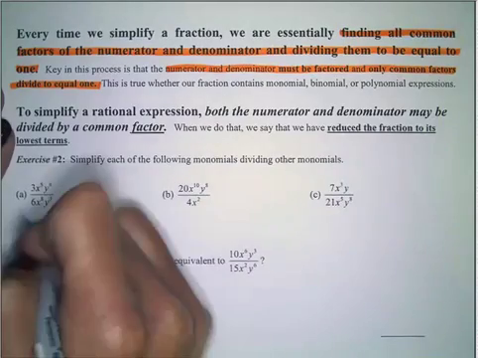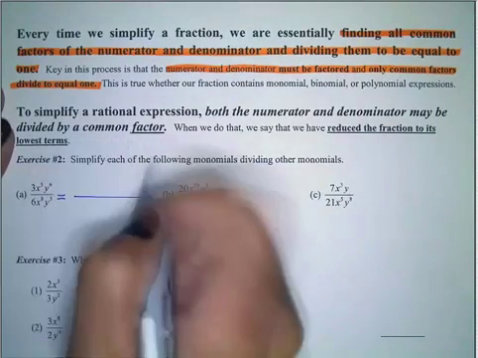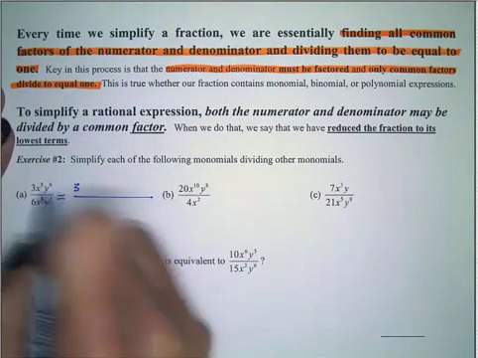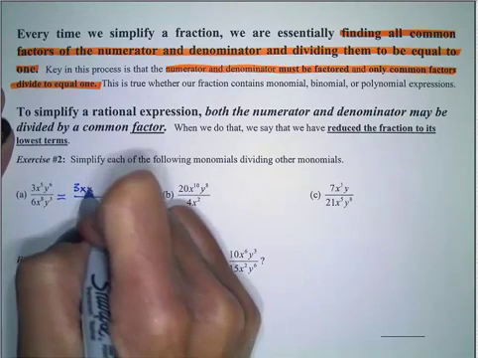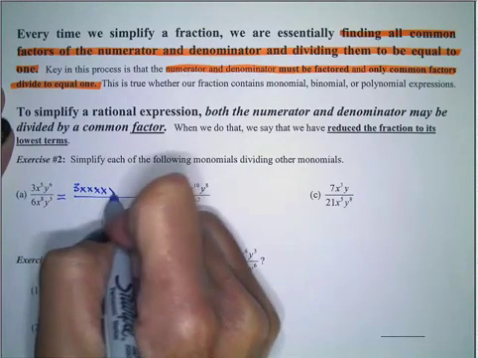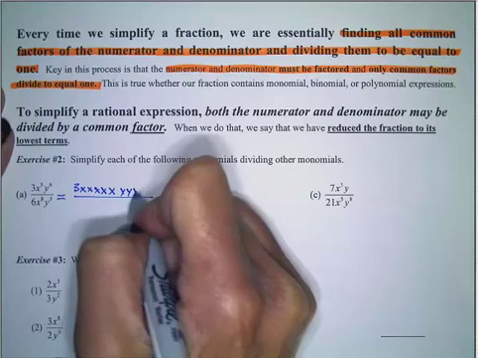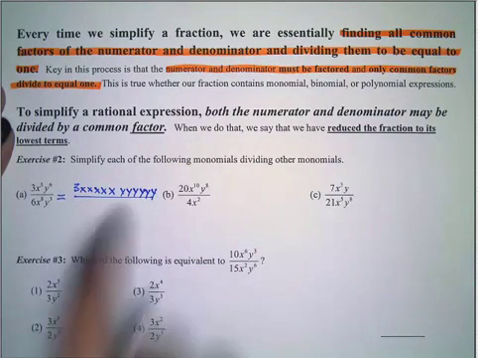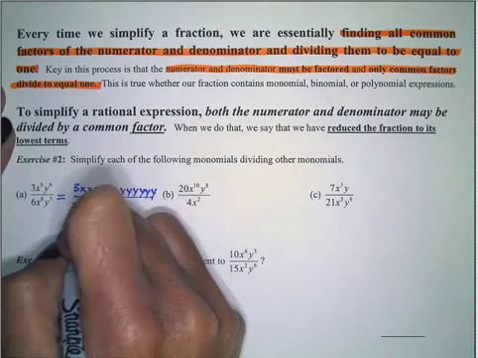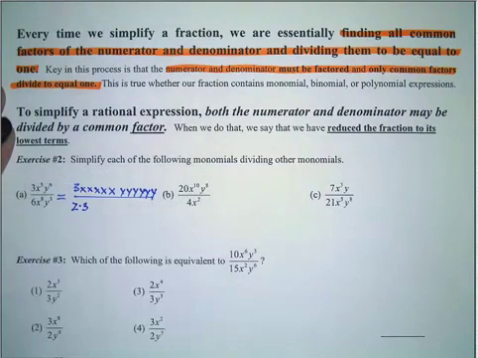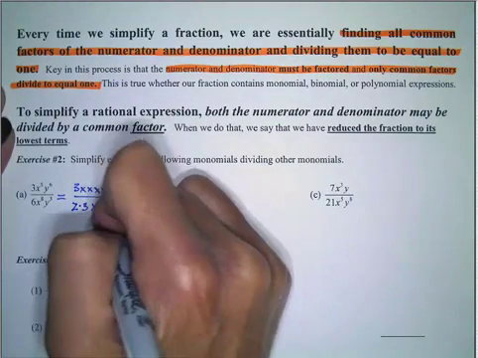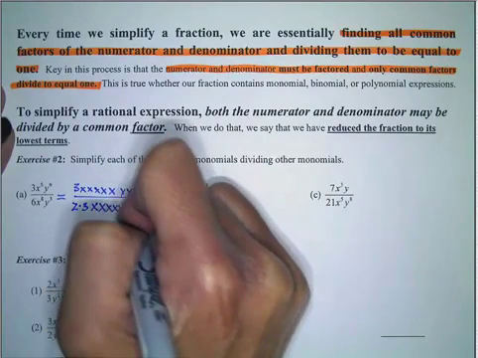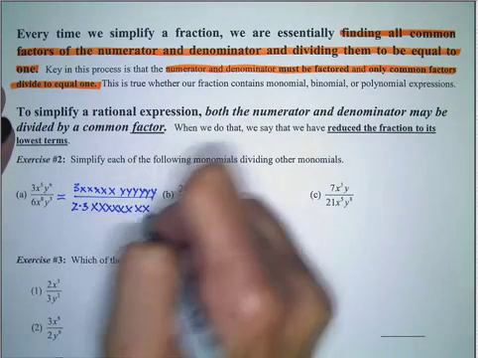So this fraction becomes 3 is prime, x to the 5th, 1, 2, 3, 4, 5. 1, 2, 3, 4, 5, 6. So I have 5 x's and 6 y's. The number 6 can be broken down into 2 times 3, 8 x's and 3 y's.